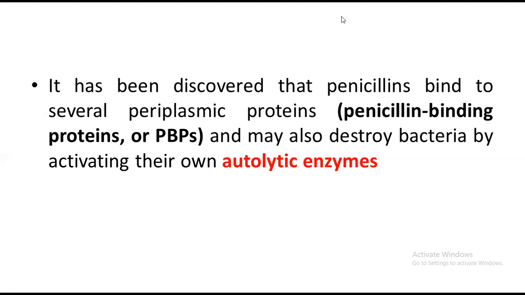So if there is a cell that is active and healthy, penicillin activates those autolytic enzymes even though the cell is not willing, and after that, these enzymes kill that cell. So the scientists thought that penicillin can also work in this way.